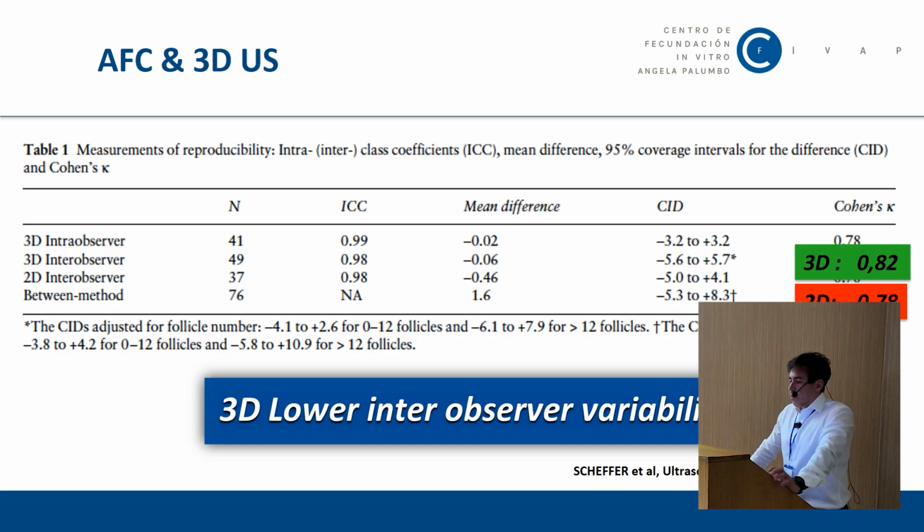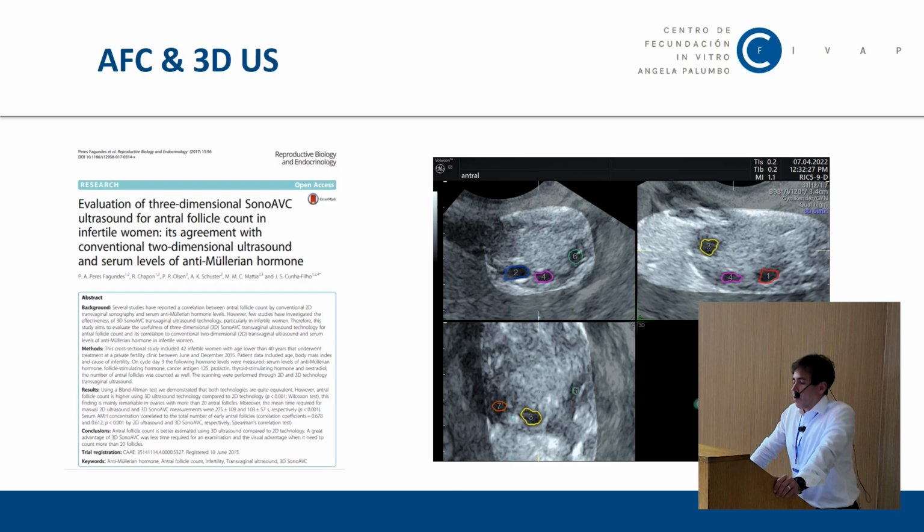In this other study, Perez-Fecundes, they compare SonoAVC follicle, but they use it for antral follicle measurement and count. In 2D, in this study, they count and measure every antral follicle.